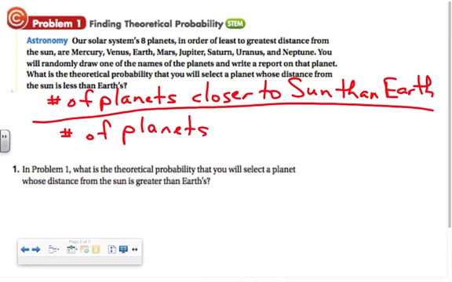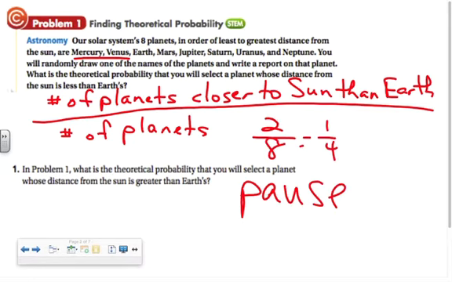And some of you might not need that level of clarification. I'm just trying to provide what everyone might need. So the number of planets that are closer to the sun than Earth are Mercury and Venus. So that's 2 over the total number of planets, which is 8, and that reduces to 1/4.